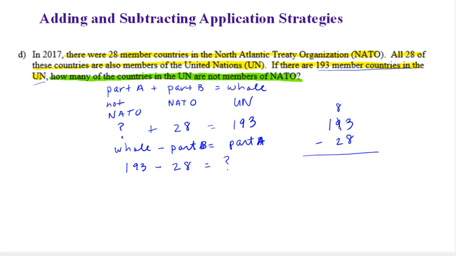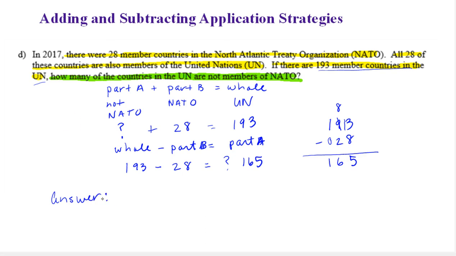So I'm going to take a 10. 1 ten is 10 ones, so now I have 13 ones minus 8 ones is 5 ones. 8 tens minus 2 tens is 6 tens. And here there's an invisible 0. 1 minus 0 is 1. Okay, so our result is 165.